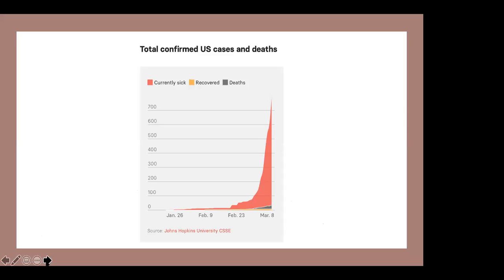This graph shows red is currently sick, yellow is recovered, and gray is death. But they don't show us the people who got coronavirus but look healthy. Next, please.